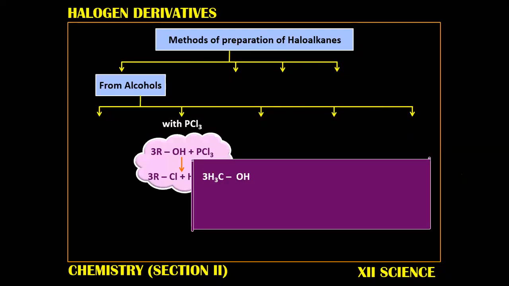Now you take an example of methyl alcohol. CH3OH is called methyl alcohol. When you react with phosphorus trichloride, now complete the reaction. What will happen?